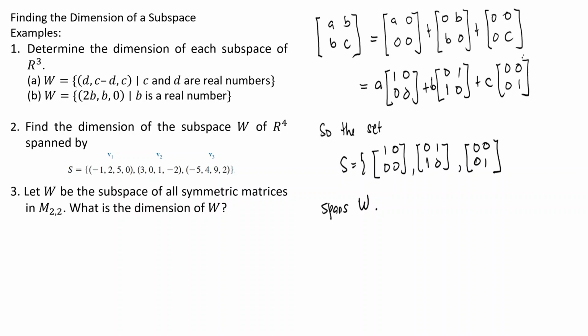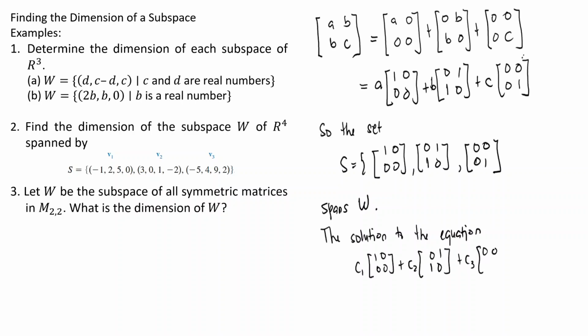Also, it is easy to see that the solution to the equation, let's write it, c sub 1 times [1 0; 0 0] plus c sub 2 times [0 1; 1 0] plus c sub 3 times [0 0; 0 1] equals the zero matrix, is only the trivial solution.